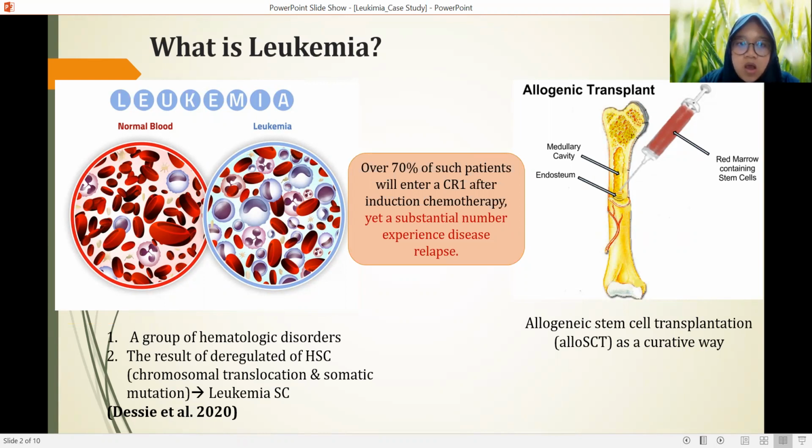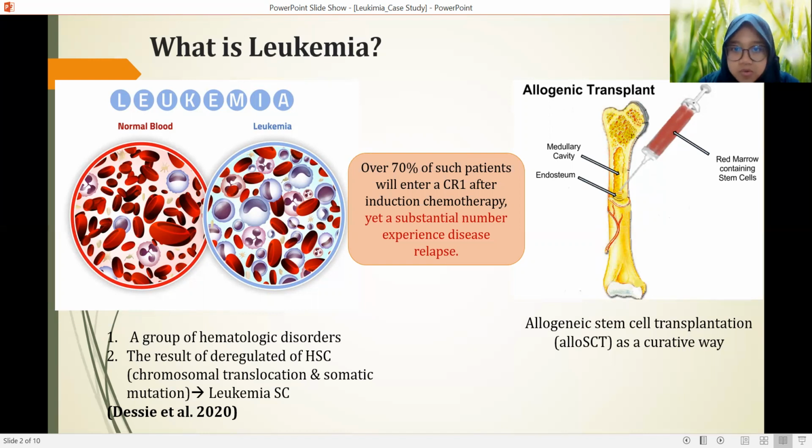The result of dysregulated hematopoietic stem cell or HSC, including chromosomal translocation and somatic mutation, causes leukemia stem cell. Over 70% of such patients will enter the first complete remission after induction chemotherapy, yet a substantial number experience disease relapse. From this statement, we can say that leukemia patients will be cured after the exposure of induction chemotherapy or IC, but over time they will relapse with the disease.